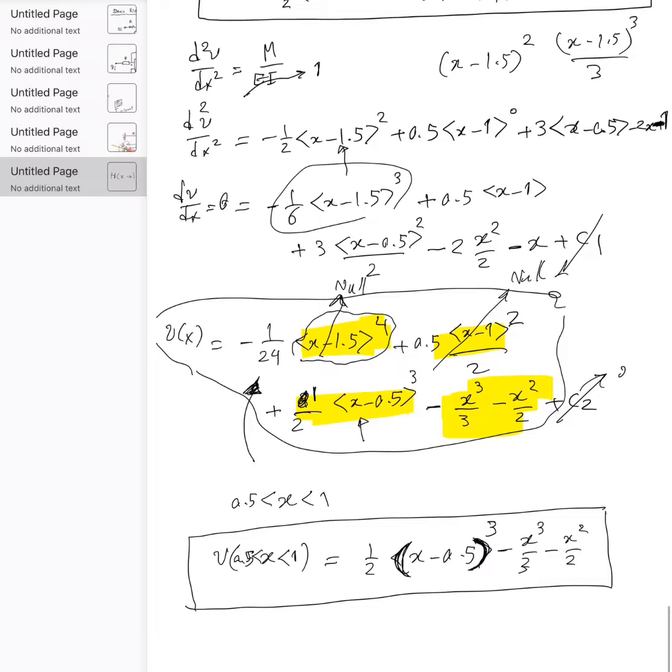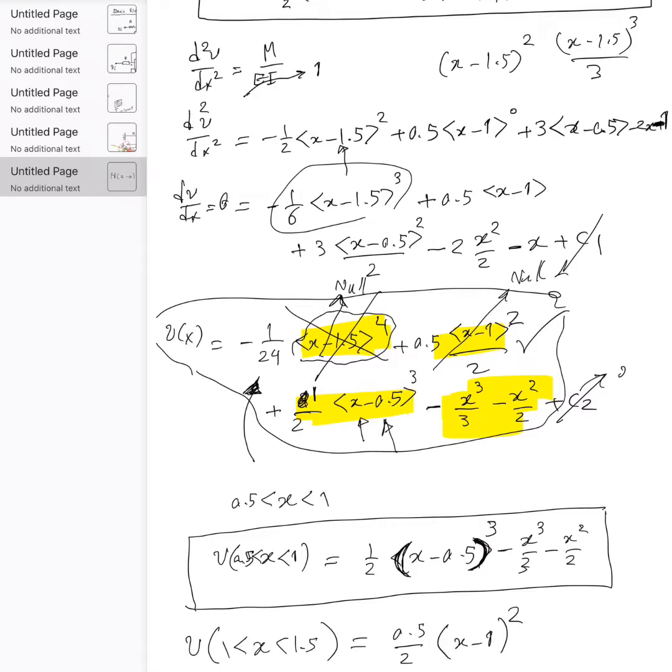Now, what is your equation when your x is between 1 and 1.5? Again, you go here, your x is still less than 1.5, so you don't have this term. You do have this term because x is greater than 1, right? So you have 0.5 parentheses (x - 1)^2, and again your x is greater than 0.5, certainly.